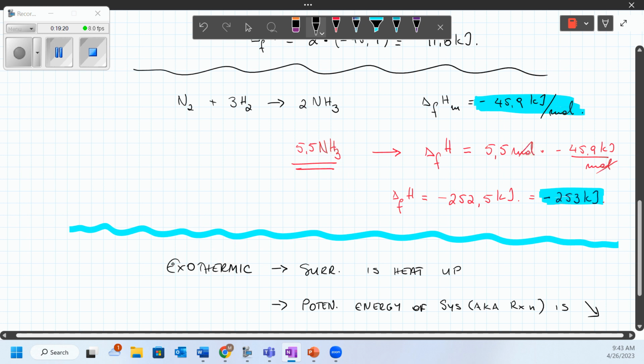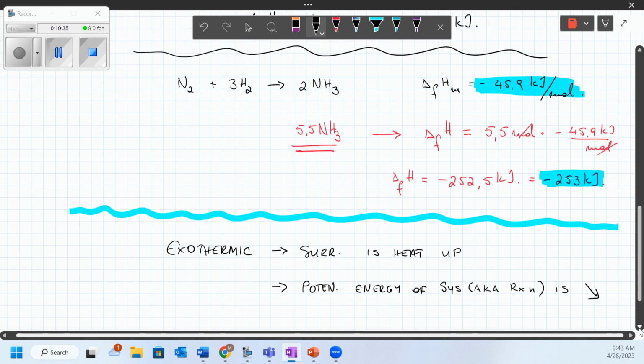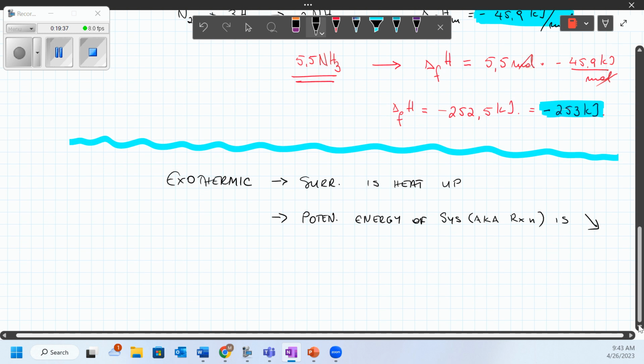If you have, let's say, 5 apples and someone takes 2, then you are left with 3. So the potential energy of the reaction, of the system, I mean, is going down.